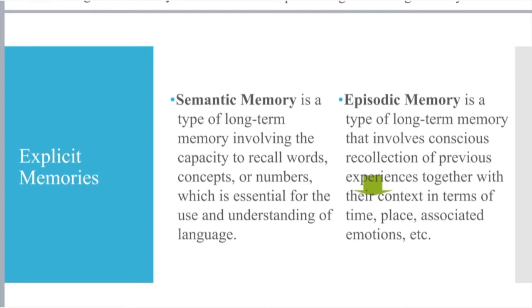When we talk about episodic memories, we know these are long-term memories that involve conscious recollection of previous experiences together with their context in terms of time, place, and associated emotions, right? So again, explicit memories are generally effortfully processed. We take time to learn them. So we have semantic memory, that's learning like words and grammar.